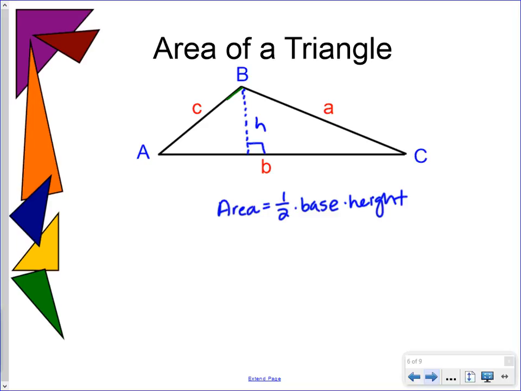If I focus on this triangle on the left, okay, I can write an equation that involves the height that says the sine of A is equal to H over C. And I think in the pink sheet you would have done K over C, right? Okay. Well, then I can solve for my height. The height is C times the sine of A.